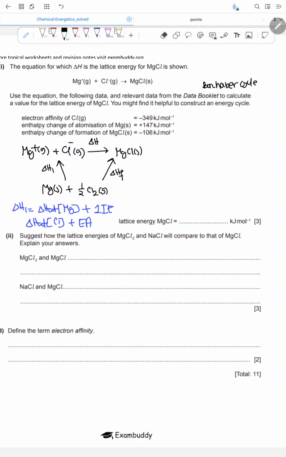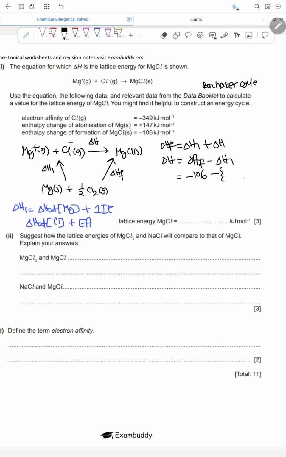Now let's come to our answer. Following the cycle, delta H formation equals delta H1 plus delta H lattice. So delta H lattice will be delta H formation minus delta H1. Formation is minus 106, and then we have delta H1.